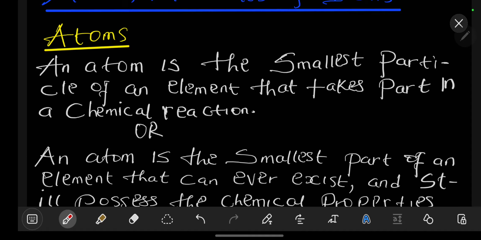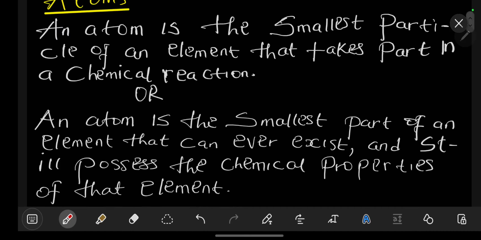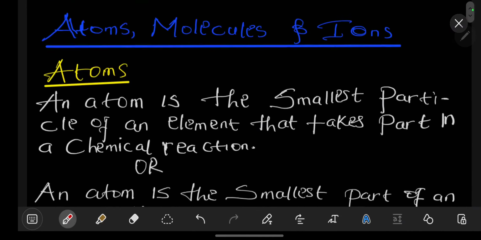But whichever one suits you, you can go with it. You can also write both definitions in your answer if you can remember both of them. But if you cannot, just stick to the one you can remember much easier. All right, so we're done with that of an atom.